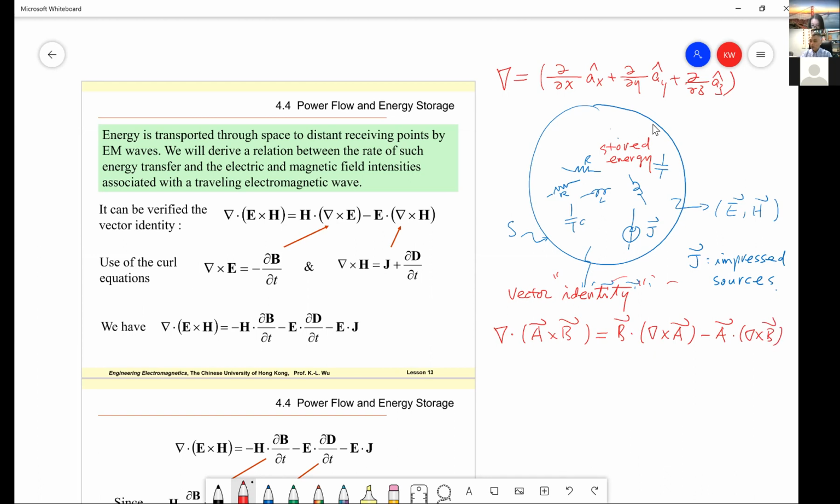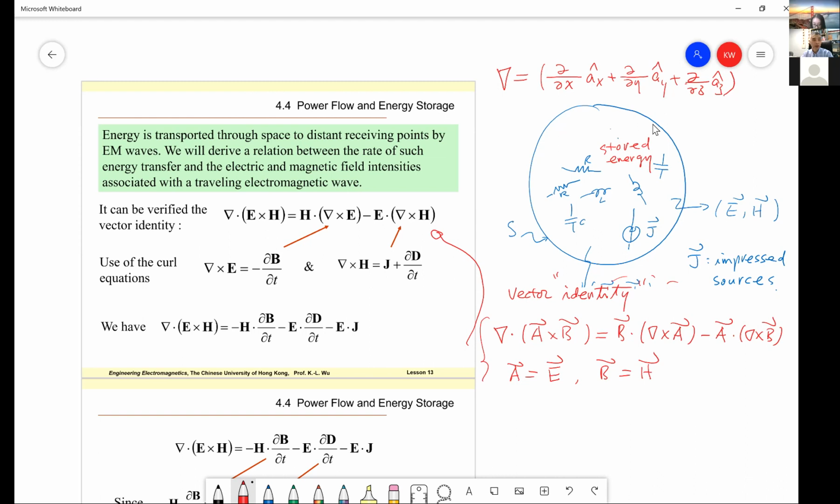So we use this vector identity, where A we take as our electric field intensity E, and B is the magnetic field intensity H. Then we substitute them into this, and we have this general expression.